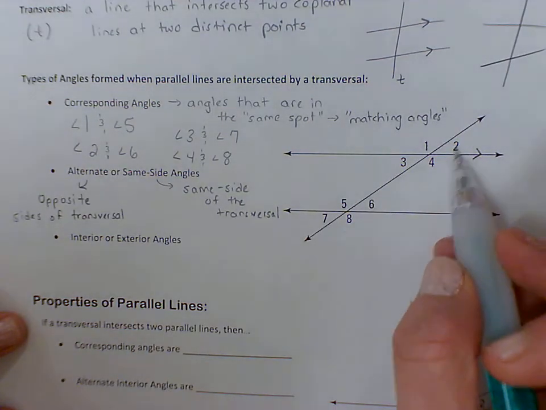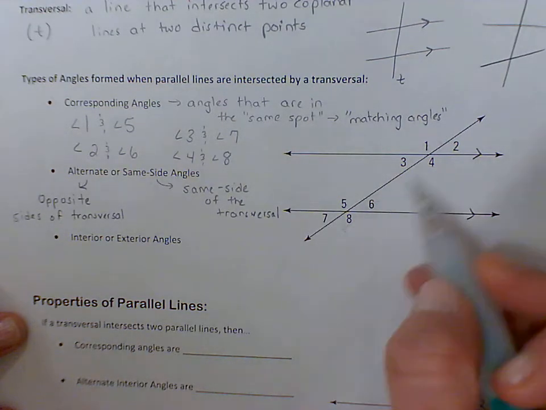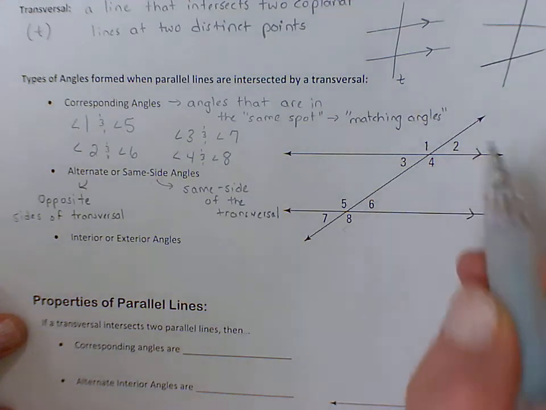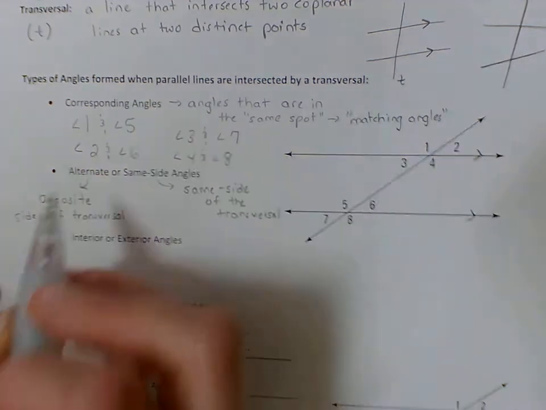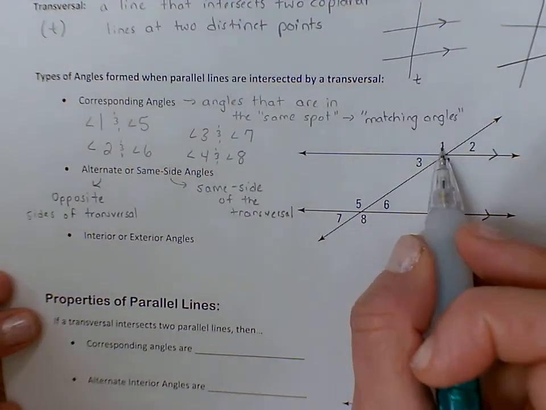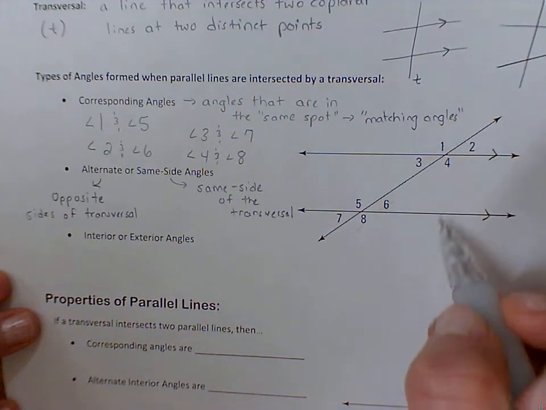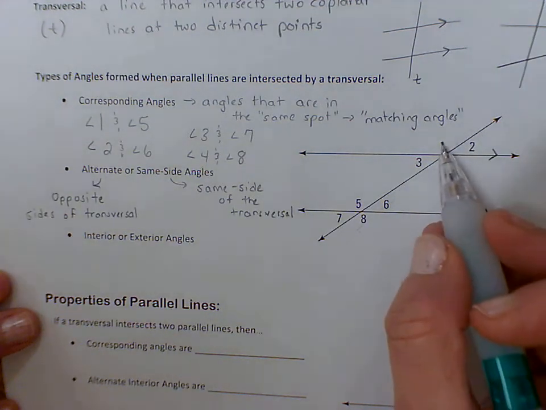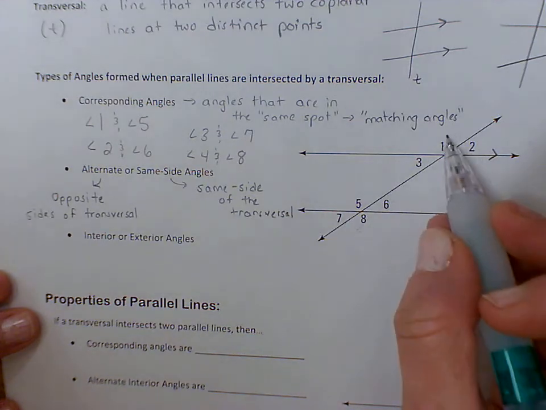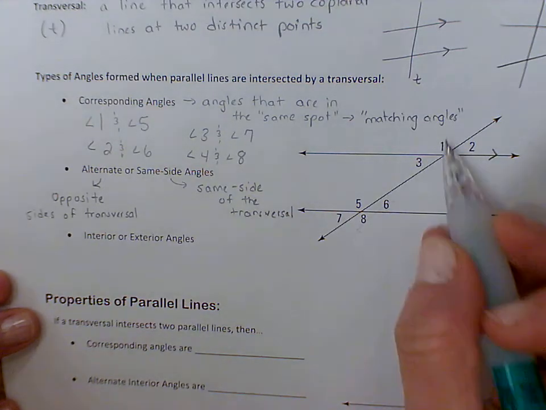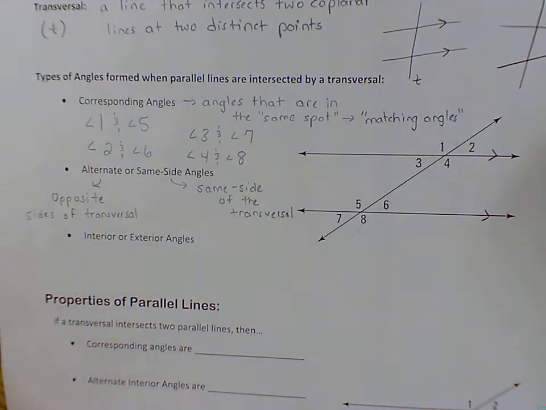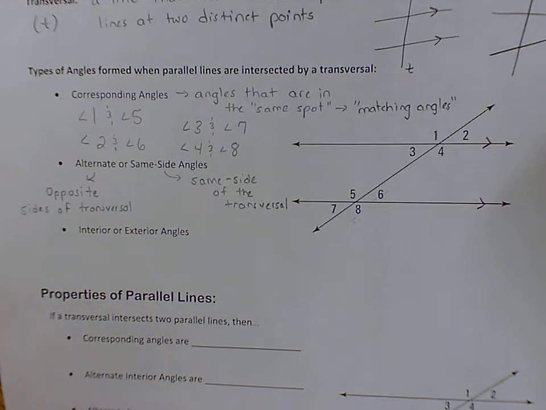Same thing, 2, 4, 6, and 8 are all same side angles. And then alternate would be the ones that are opposite each other. So 1 and 4 are opposite each other because they're on opposite sides, or 1 and 8 are alternate of each other because they're on opposite sides of the transversal, okay? So that's another couple terms that you will hear.